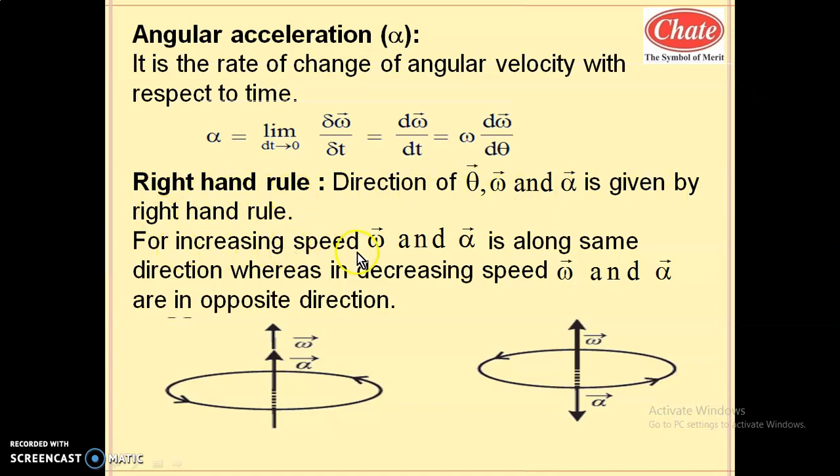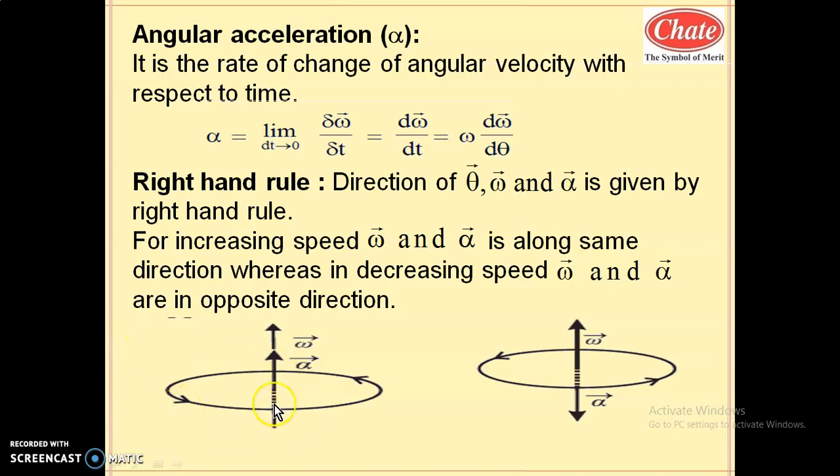For increasing speed, omega and alpha are along the same direction. If omega is increasing, the direction of omega and alpha is the same. For example, suppose the fan is revolving. Whenever we just switch on the fan, its speed is increasing, meaning omega is increasing.